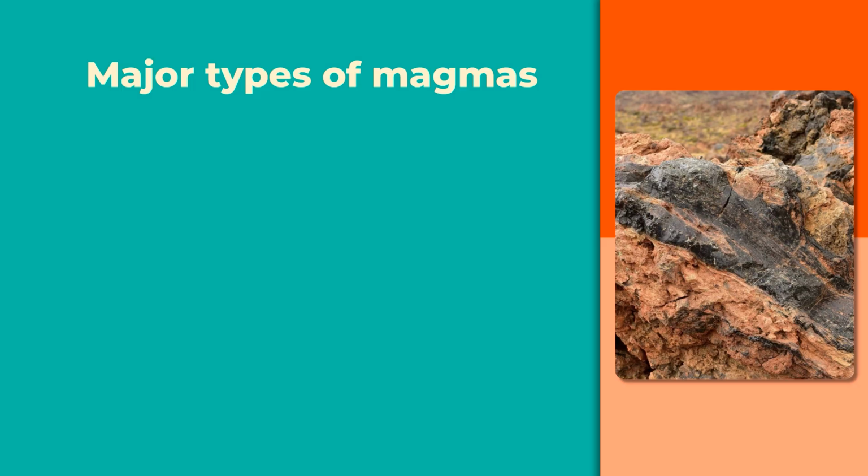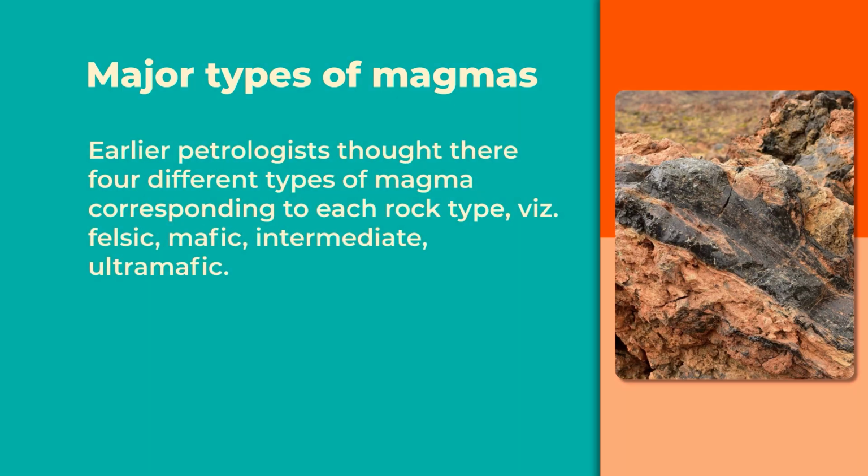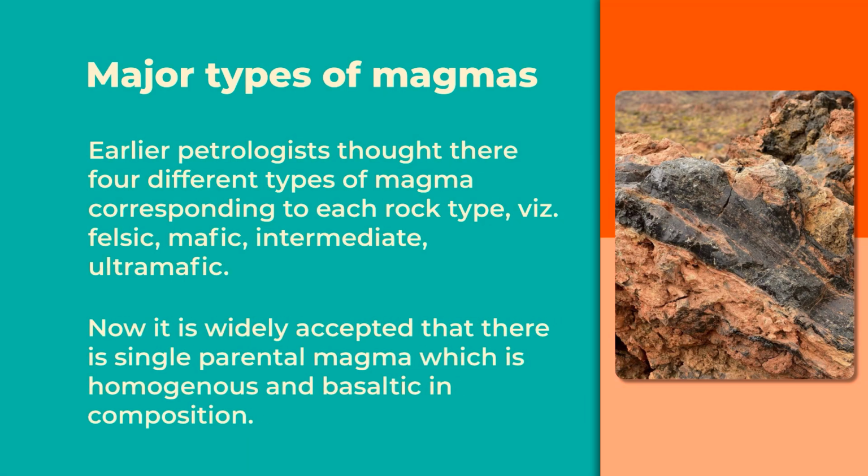Now, major types of magma. Earlier petrologists thought that there are four different types of magma: felsic, mafic, intermediate, and ultramafic. But now it is widely accepted that there is a single parental magma which is homogeneous and basaltic in composition.